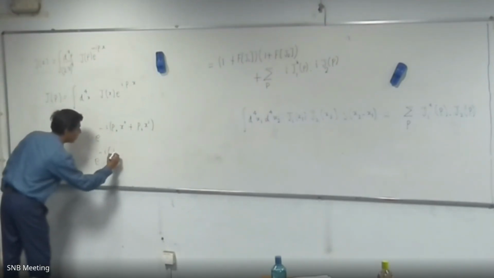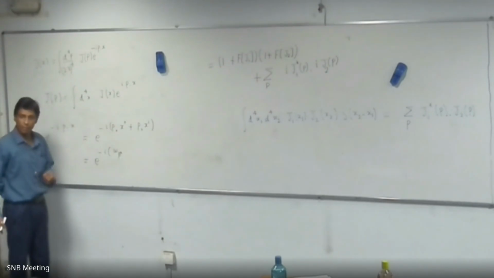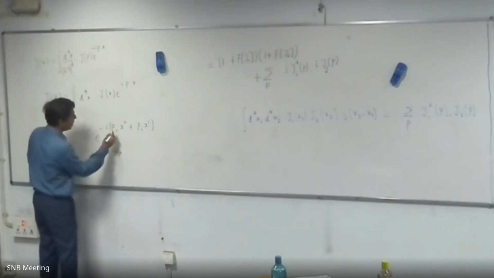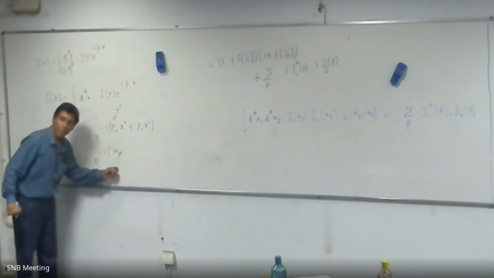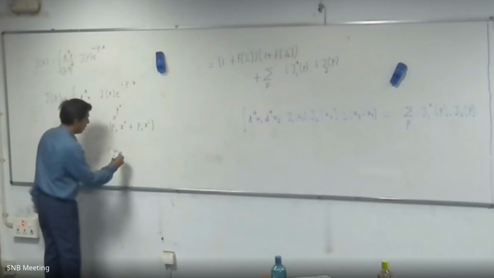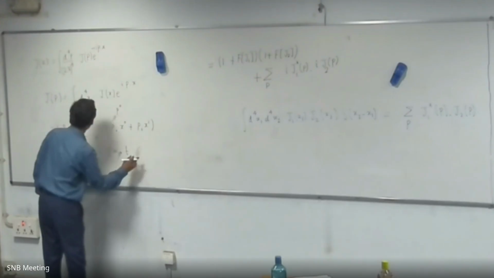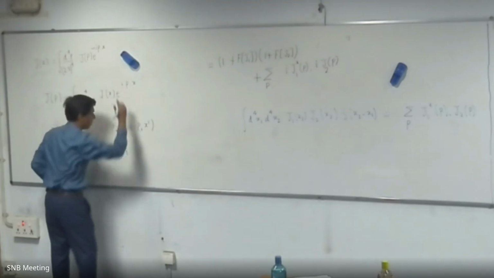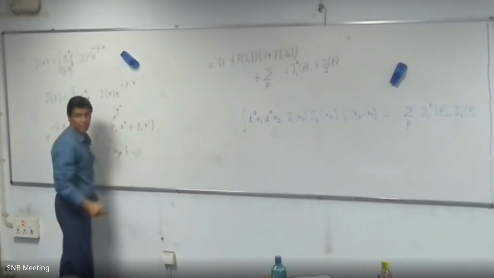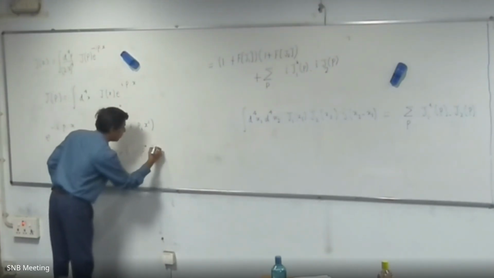P0 I can take on the top, no change in sign, so the metric comes into place. So P0 is basically P upper 0. But P upper 0 is omega p because this is on shell. And x0 is t. Plus, for this term, this is minus pi xi. But minus pi xi, you can write it as p vector dot x vector.